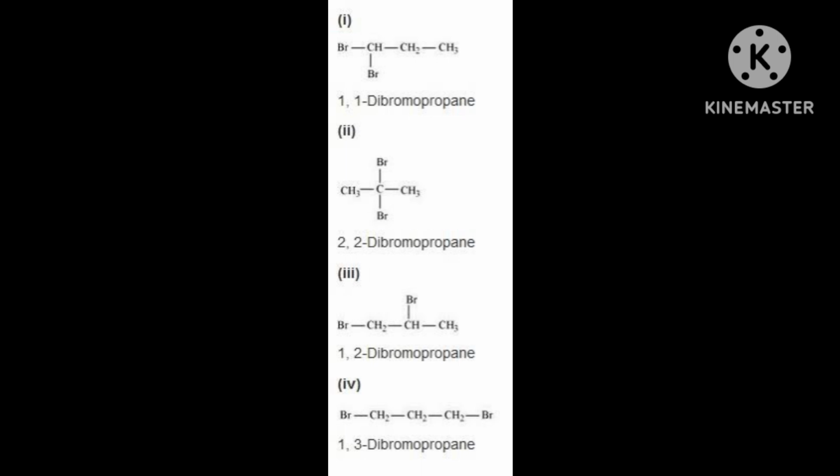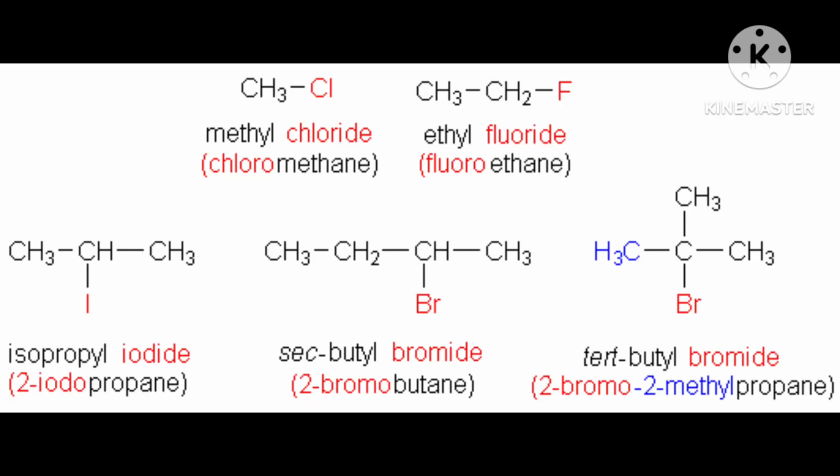Bromine is attached with the third carbon, so 3-bromo, and the methyl is attached with that carbon only, then 3-bromo-3-methylbutane, and it is a tertiary. You can write 3 degree in the bracket.